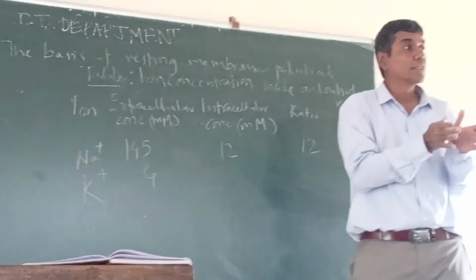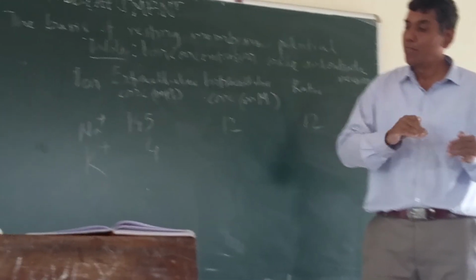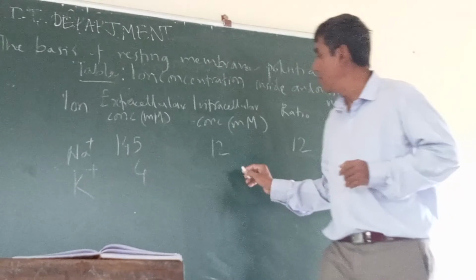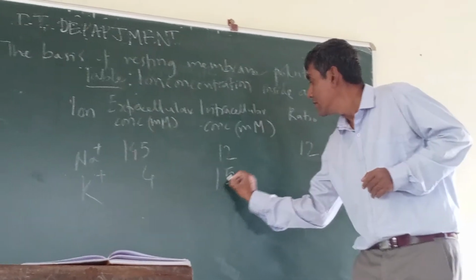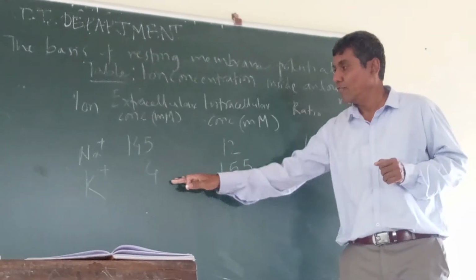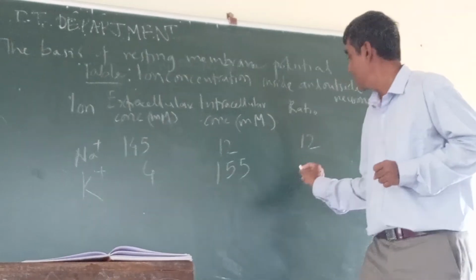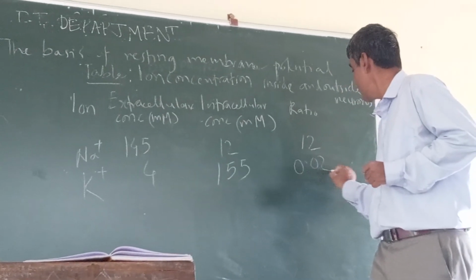Their concentration is more inside the cell, inside the plasma membrane, and that is 155 millimolar. That is for the potassium ion, and the ratio is 0.026.